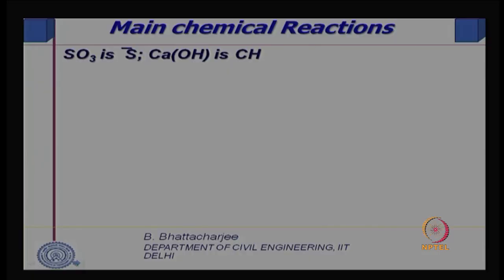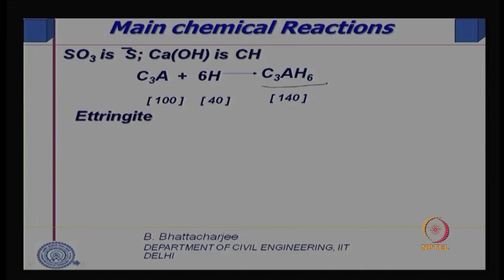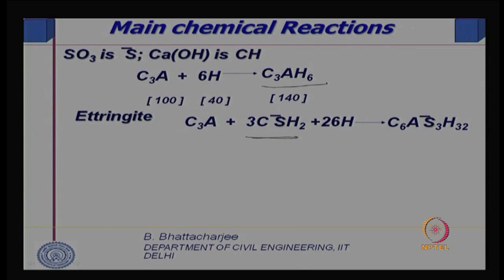The next important chemical reaction is, of course, C3A reacting with 6 water forming calcium aluminate hydrate, C3AH6. This is the typical reaction, but one more reaction which is important is the reaction of C3A with calcium sulphate with water of crystallization.